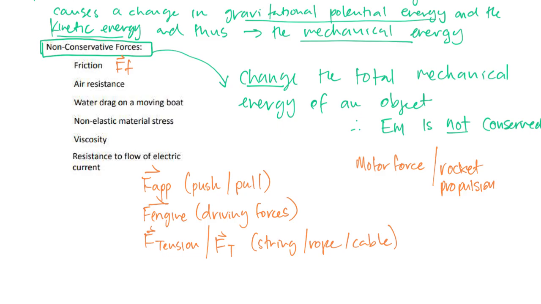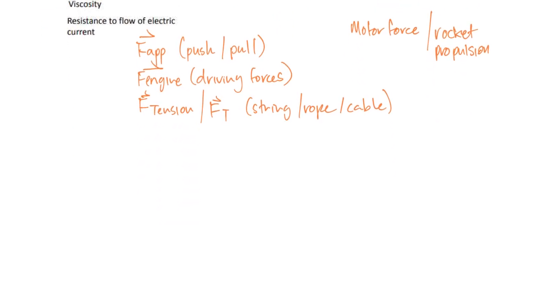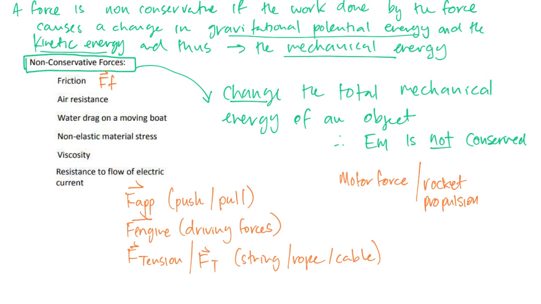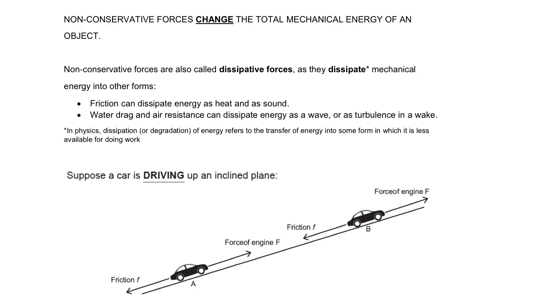Please remember that the minute I see push, pull, driving, engine, tension, string, rope, cable, motor, rocket, friction, those are all non-conservative forces. So we're going to have a look here at a scenario. Let's have a look on the next page.